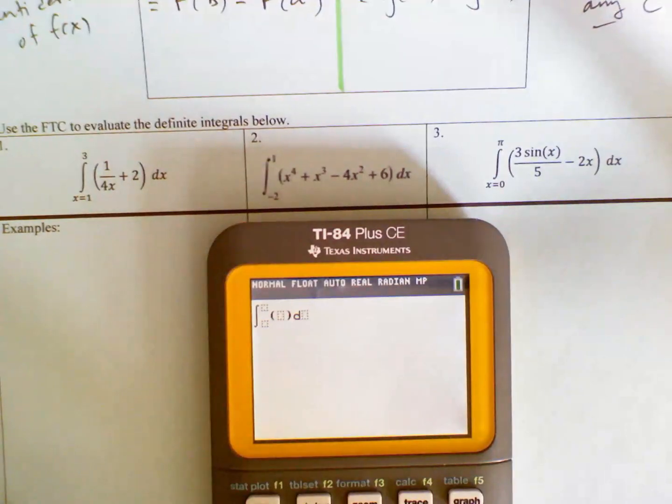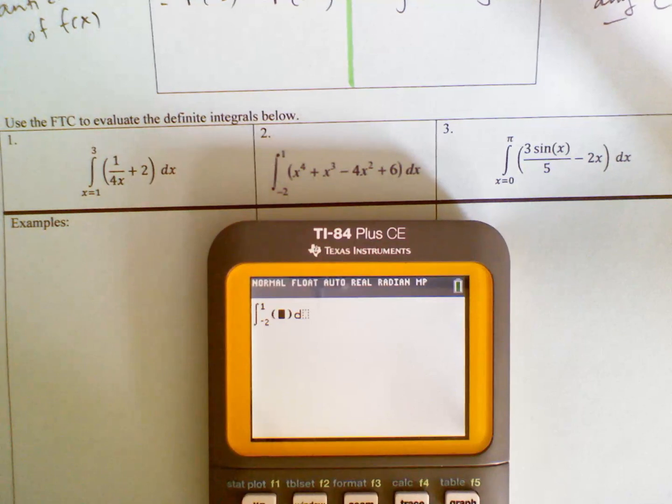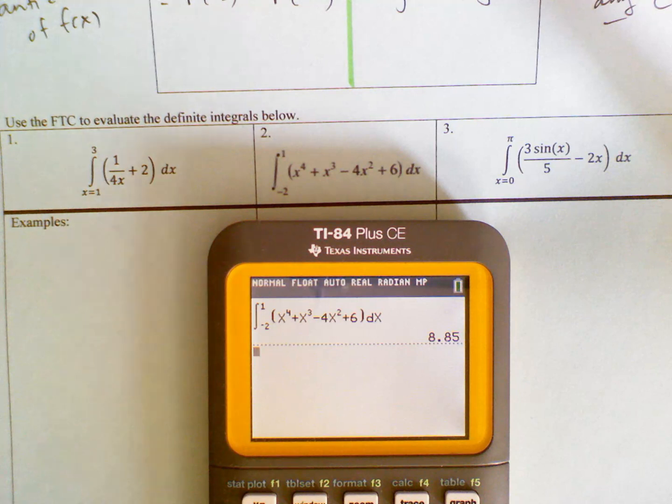Math 9 is going to open up a definite integral in your home screen. Remember, math 8 is for derivatives. And then in here, x to the 4th, and then you put that at the end. Okay, so 8.85 is the area under the curve there.